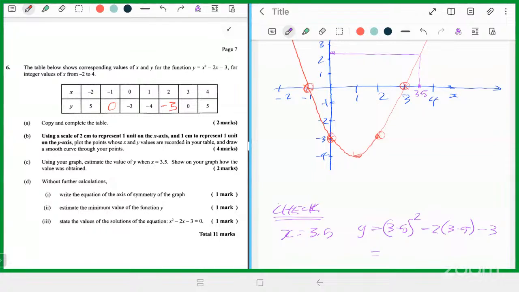Let me see what the calculator is giving me. 3.5 squared, minus 2 times 3.5 is 7, and then minus 3 more, so subtracting 10. Yeah, 2.25.